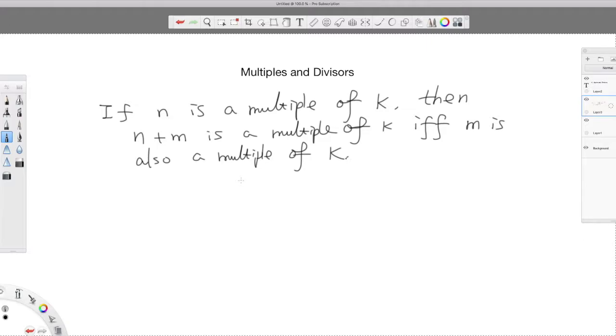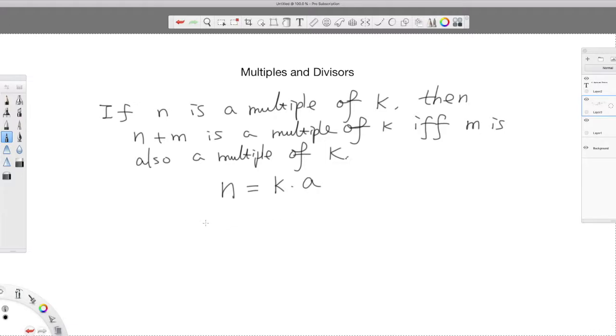Right? And a proof of this is actually just thinking from first principles. If n is a multiple of k, that means n can be written as k times a, where a is an integer.